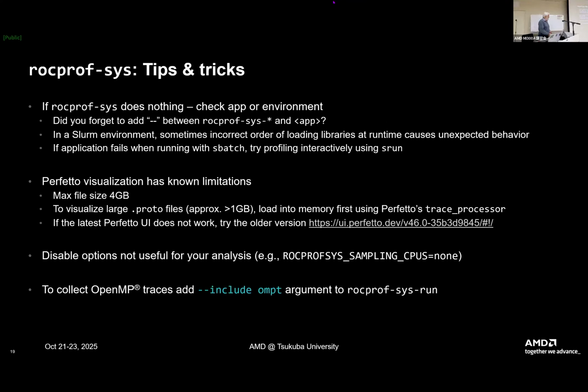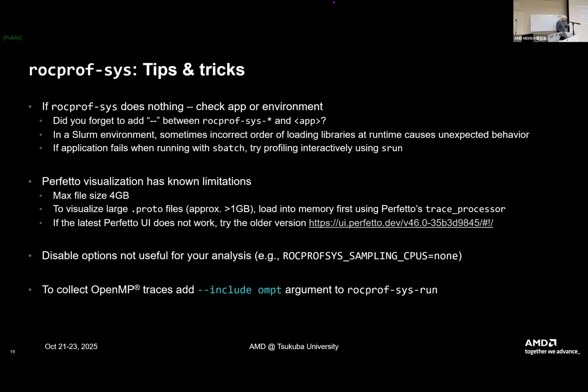So that can be really helpful because the file size, 4 gigabytes, sounds large, but not for trace files. They can get large very quickly. The other thing you can do is to reduce some of the options you're using to reduce the amount of information that's in that trace file.